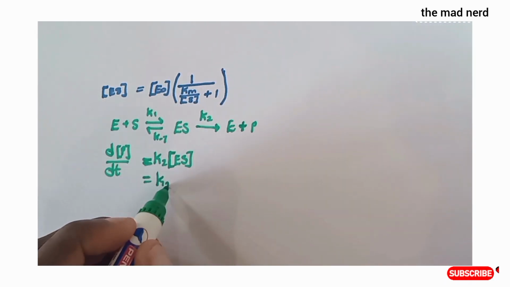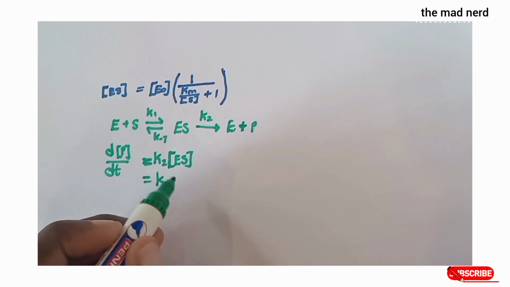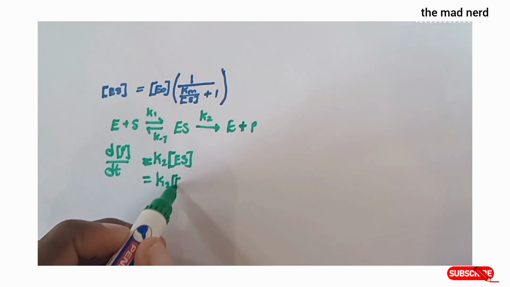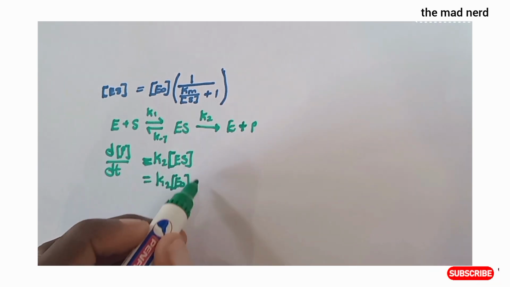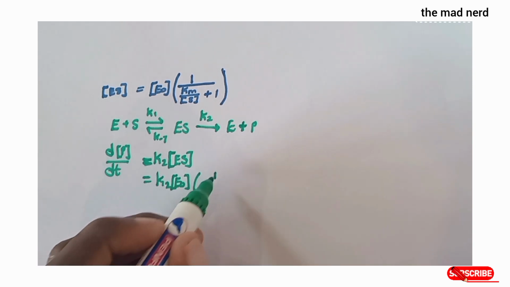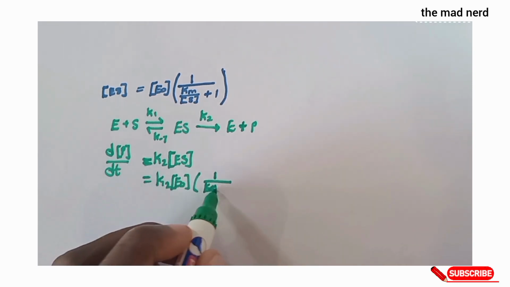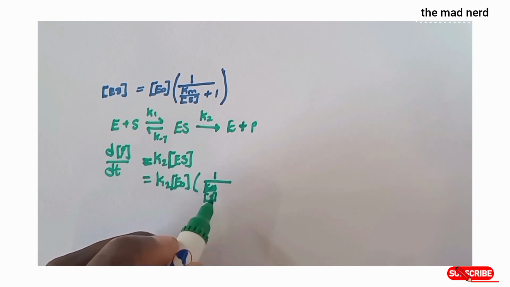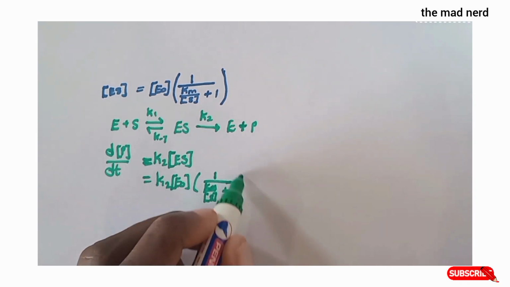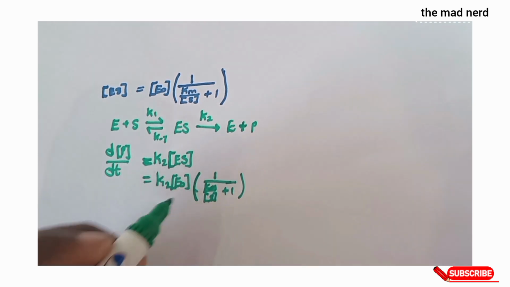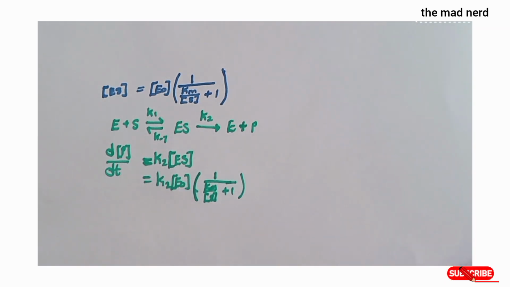So it equals K2 and then the concentration of E naught, and then the brackets 1 over the Km over the concentration of S plus 1, and then close those brackets. So now you can see that we got this now.